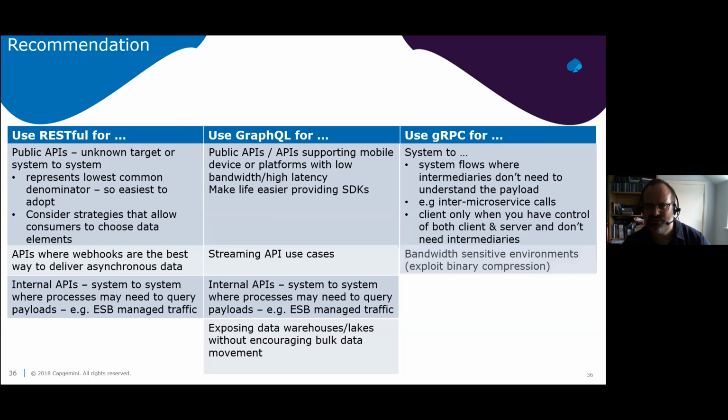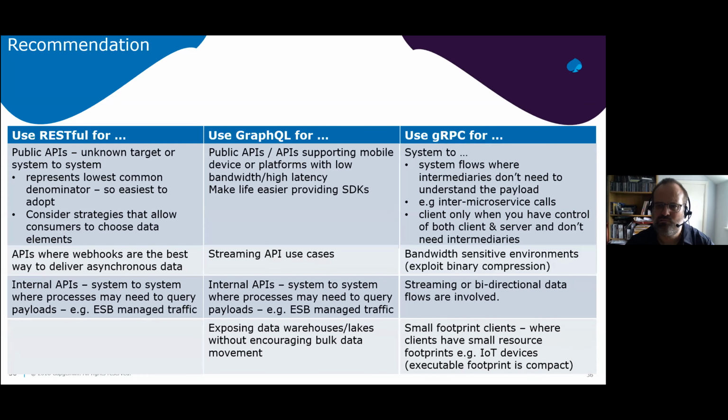And then gRPC. It's great if you have control of both the consumer and the provider. That's critical to be really successful with it. If you've got control of both ends, that's great, because a change in the API is a code-impacting change, since you're using the proto compiler from the IDL to code. Bandwidth-sensitive environments are fantastic as well, because it does a lot of binary compression in the data transfer.